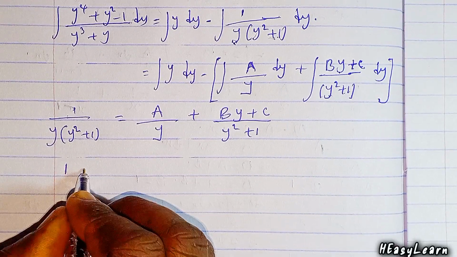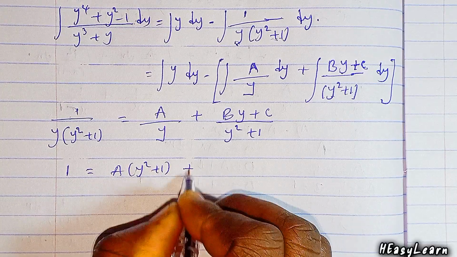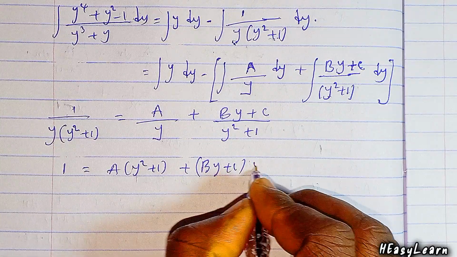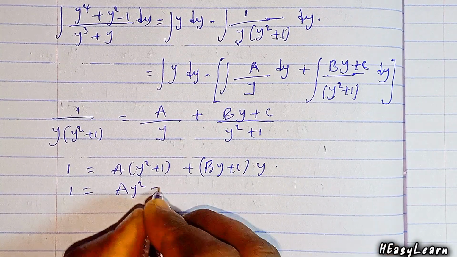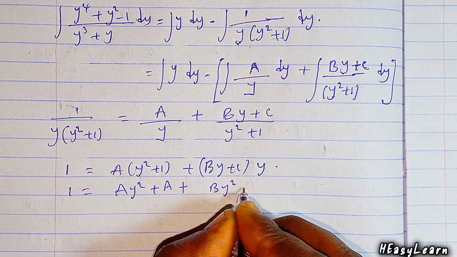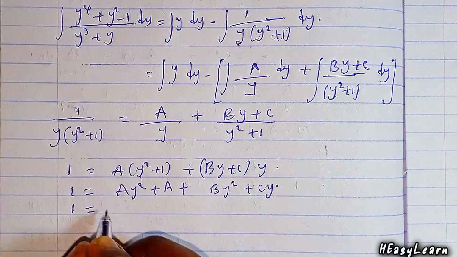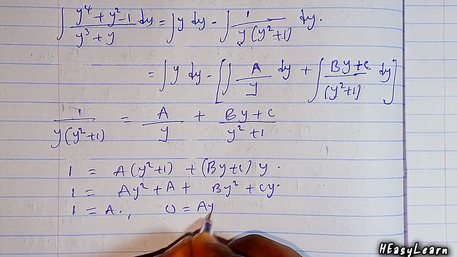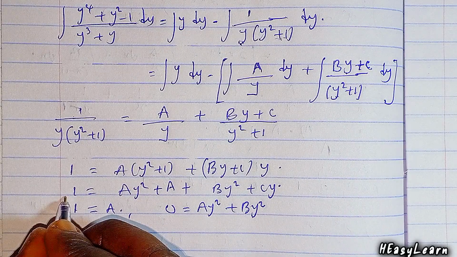Clear the fraction. 1 equals a times y squared plus 1, plus by plus c, multiplied by y. That is ay squared plus a plus by squared plus cy. Constant equals a. Then 0 equals any term that has y squared, because there is no y squared on this side.